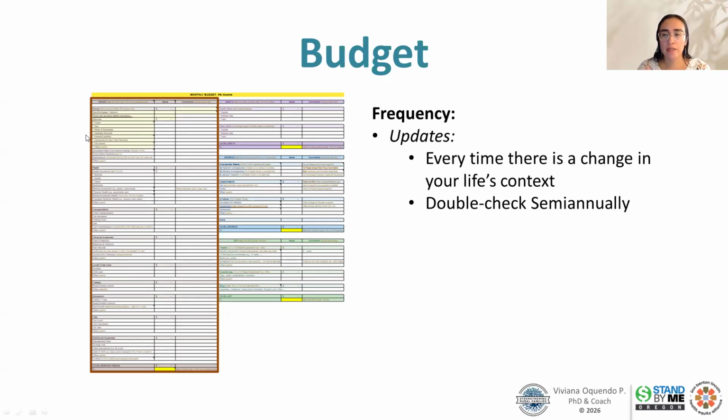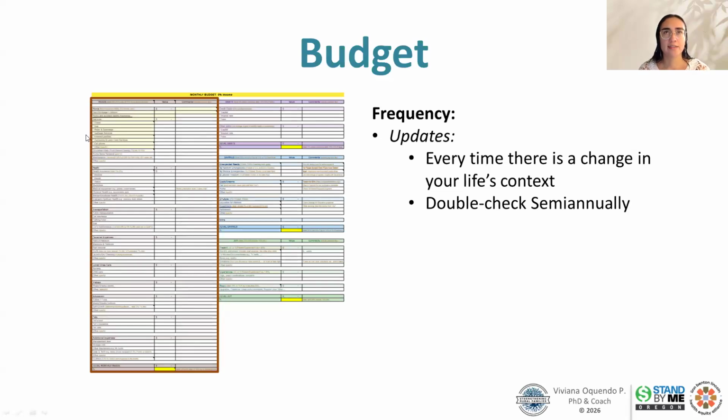But if we are in a very stable life, it's advisable that we check our budget every 6 months to see that everything is the way that we planned it, that the things still make sense, that it reflects my life.